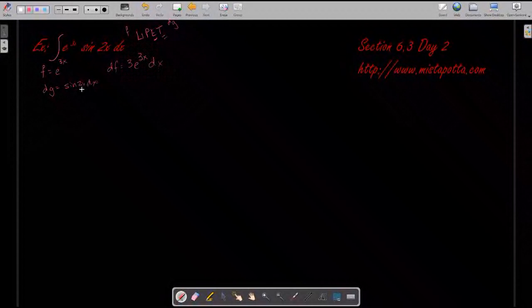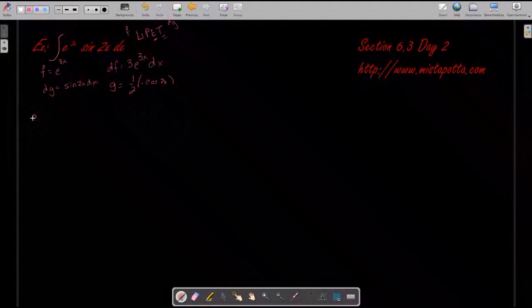Similarly, if I want to work backwards, I'm not going to be multiplying by this 2 because of the chain rule. I'm going to be dividing by 2. So this ends up being 1/2 times negative cosine 2x for the antiderivative of sine.